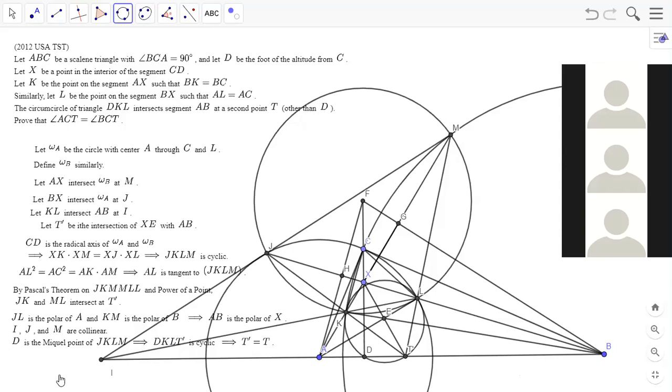Yeah, so okay, I'm trying to remember how to finish this off. So we want to show, we need to prove that ICT is 90. Yeah, I was going to say we need to show ICT is 90 degrees.